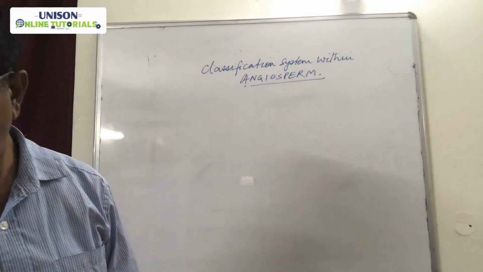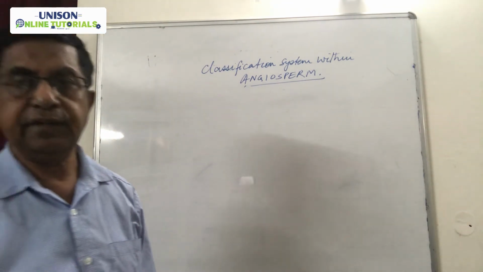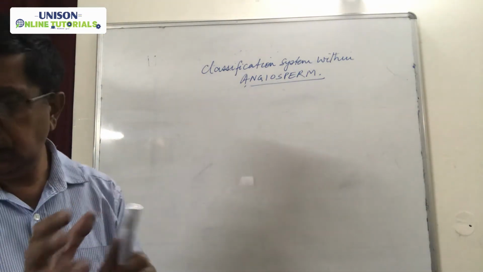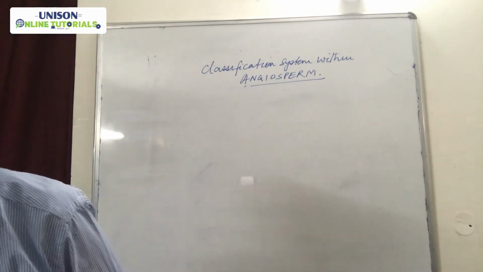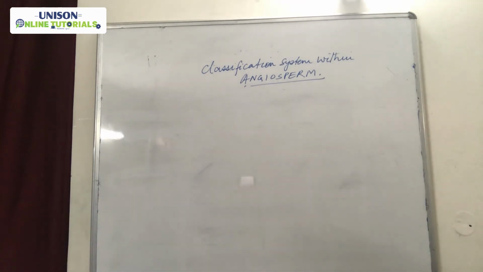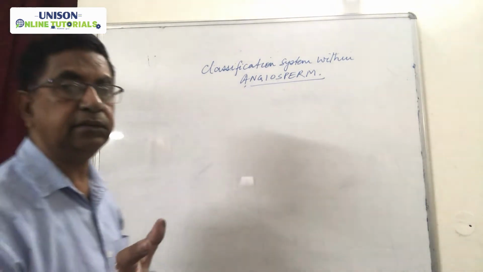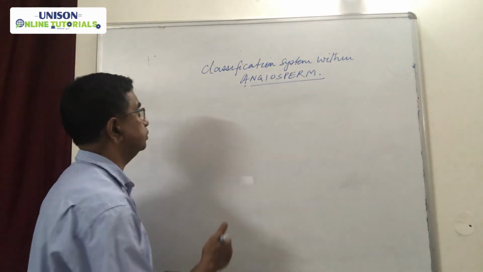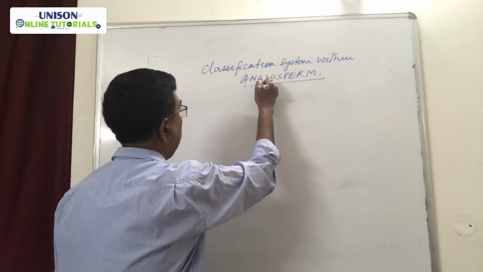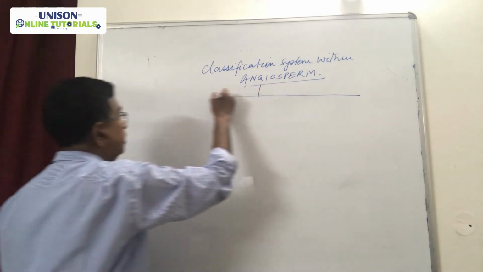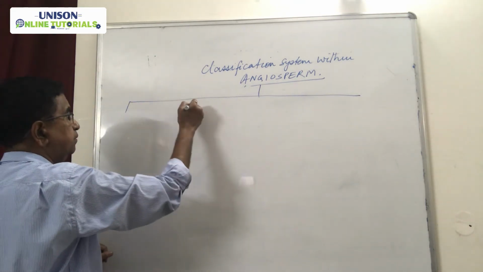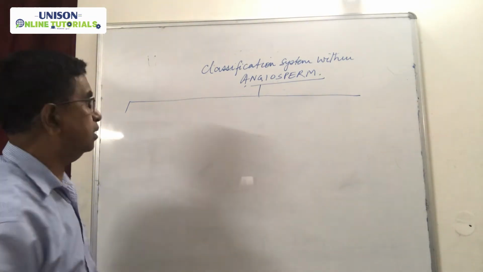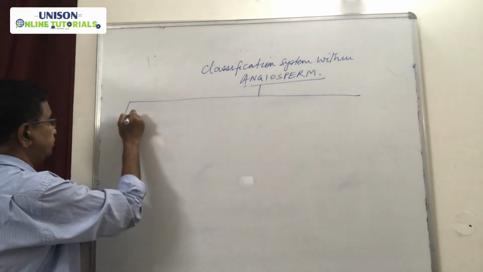So we are going to discuss the classification system within angiosperms, and it will be in a different way, not the same way as the 2 system or 5 system classification. The different way the classification system has been devised is known as the natural system of classification.